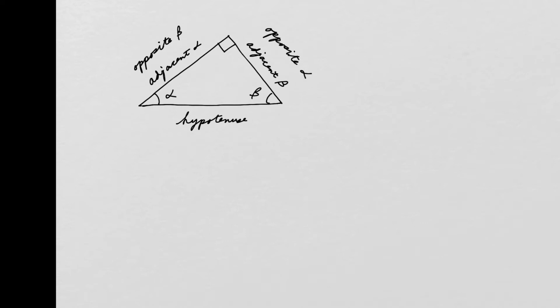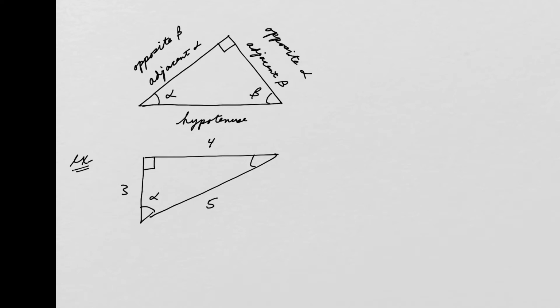Okay, so for example, let's say you're given this right triangle. Let's say this is length 3, this is 4, this is 5, and you're told this is alpha, and this angle is beta.